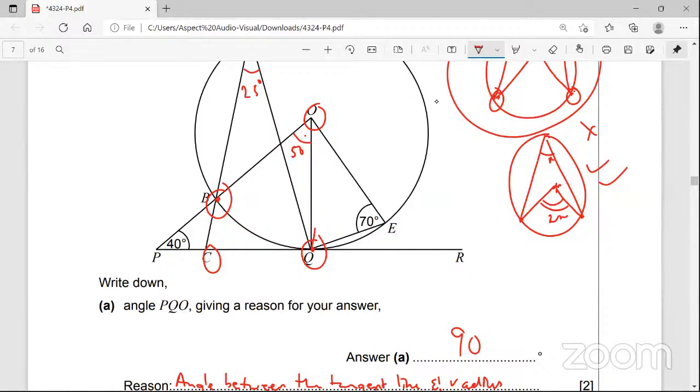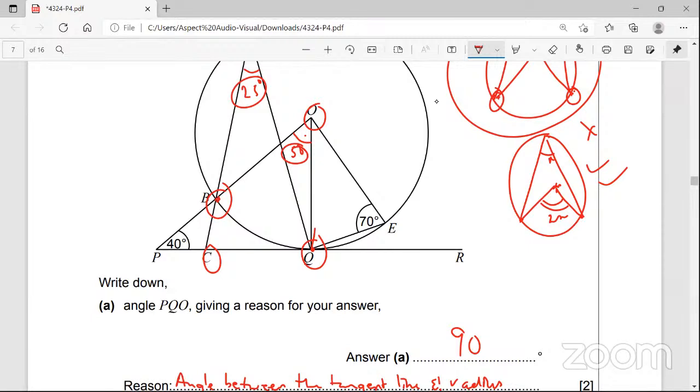The reasons we are giving are reasons based on the properties of a circle. So that is the reason you are giving. And you must remember, angle at the center is double the angle at your circumference. Are we together? So if I multiply this angle by 2, it will give me 50. That's why I say angle BOQ is equal to 2 times angle BAQ.